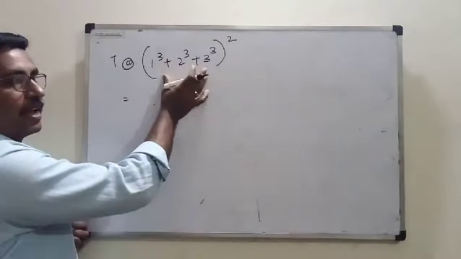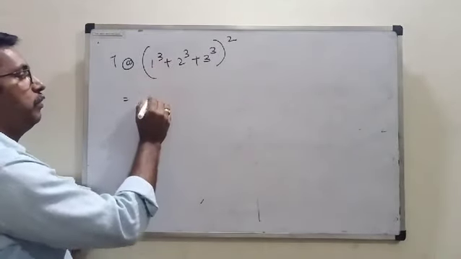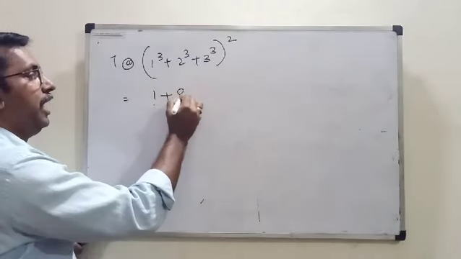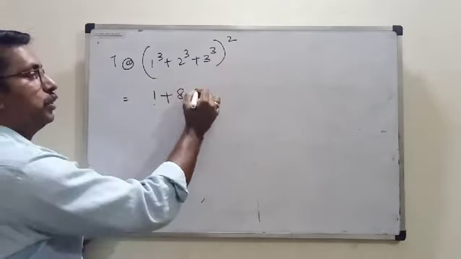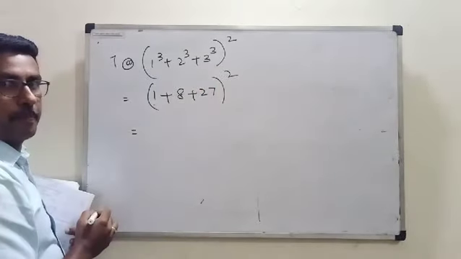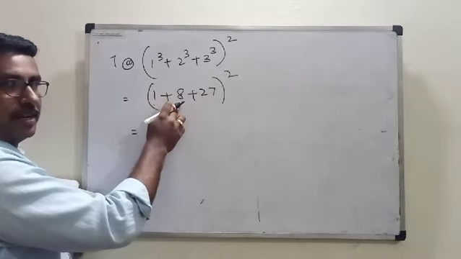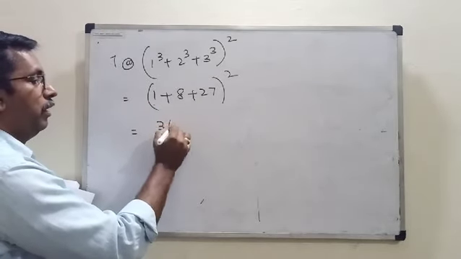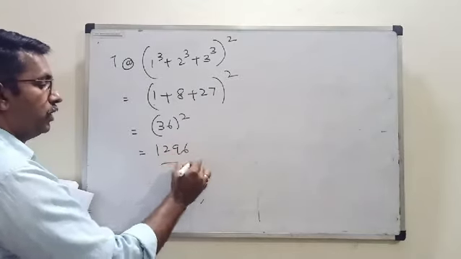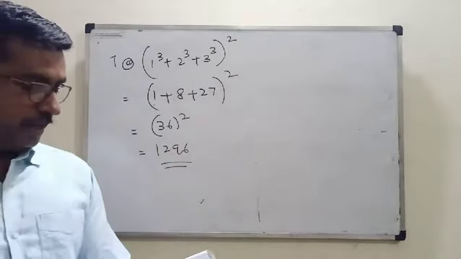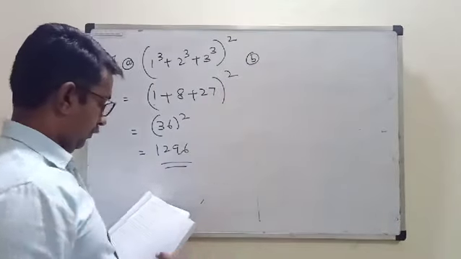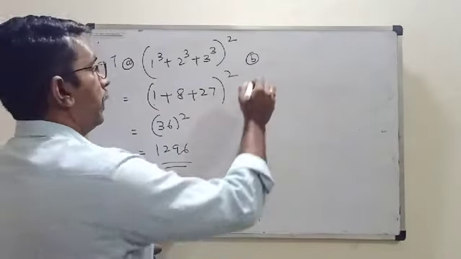So what is in the bracket should be simplified first. 1 cube, 1. 2 cube, 2 into 2 into 2, 8. 3 cube, 27, whole square. 1 plus 8, 9, 9 plus 27, 36 square is equal to 1296.